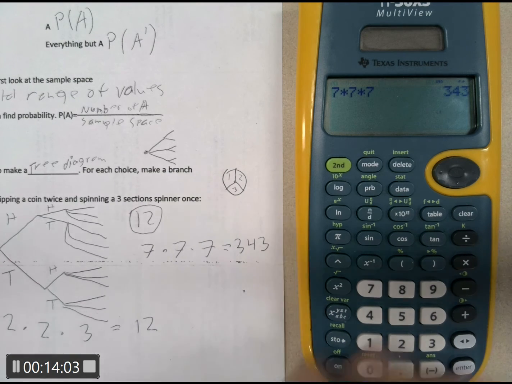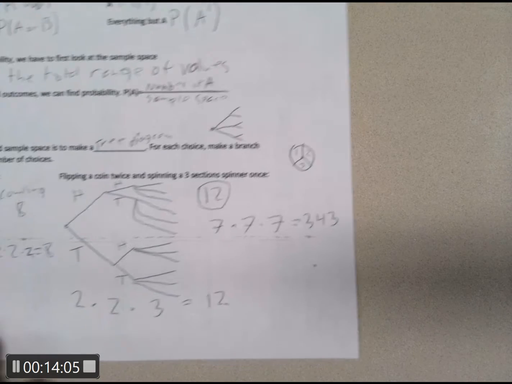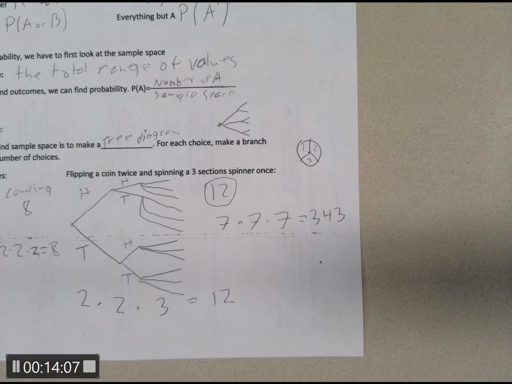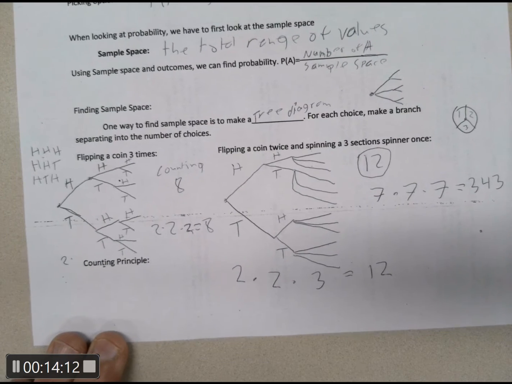All right? This method of finding the sample space, the total number of outcomes, is the counting principle. So come back over here.